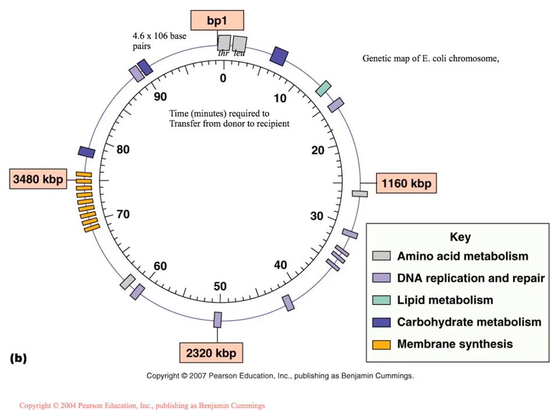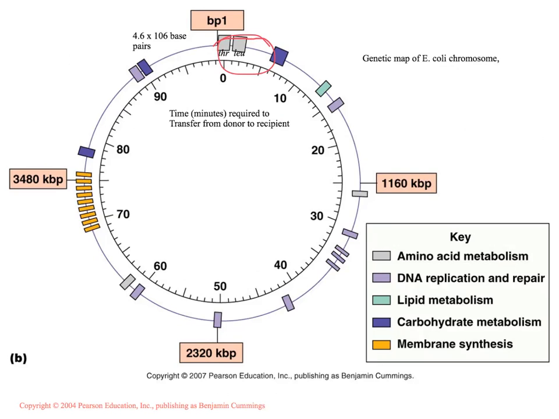And what we would do is look for certain new traits in the recipient cell. So if after 1 minute the conjugation is stopped and we see that the recipient cell now has these new traits, it's able to now make threonine and leucine, which are amino acids, then that means that those came first because those were the first genes that were sent over after only 1 minute.